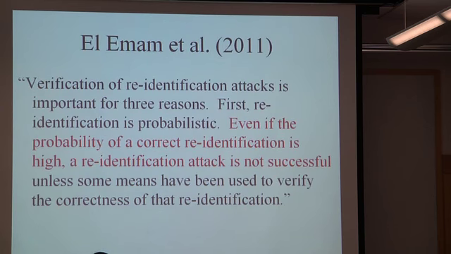We see this in general in a number of parts of the literature on the question of whether or not re-identification attacks are generally successful. Here's a meta-study by Elamam and others in which they say verification of re-identification attacks is important because even if the probability of a correct re-identification is high, the re-identification attack is not successful unless it has been verified. So this is a particular view, again, of what counts as a successful attack.